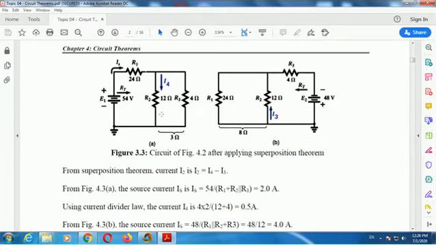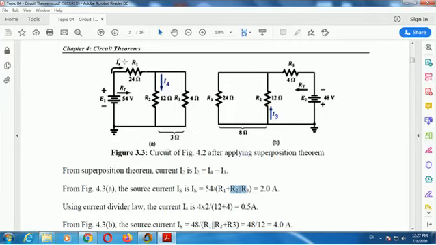How to find it? First, from the circuit of figure 4.2, after applying superposition, we get circuits A and B. In this part, R2 and R3 are in parallel.